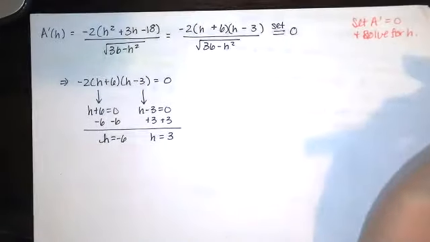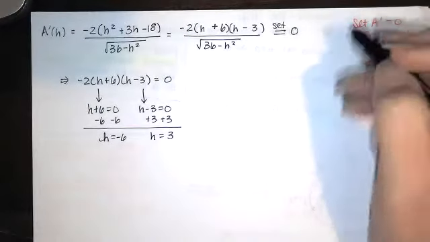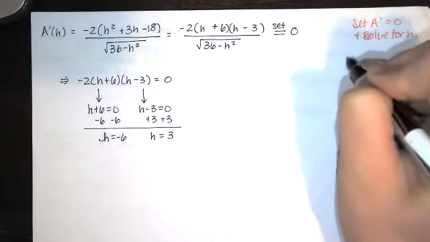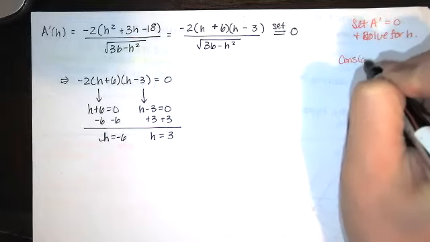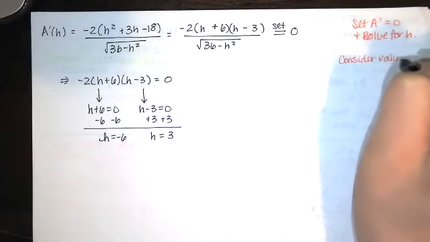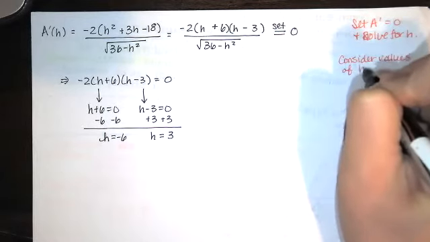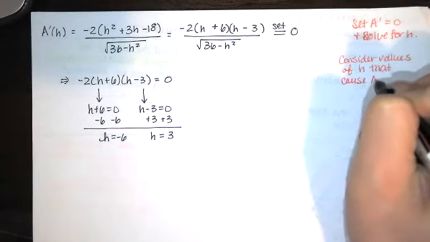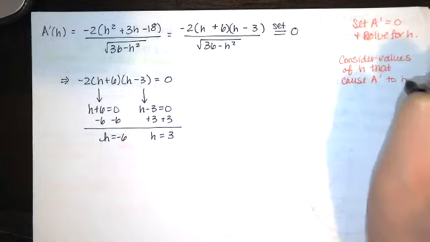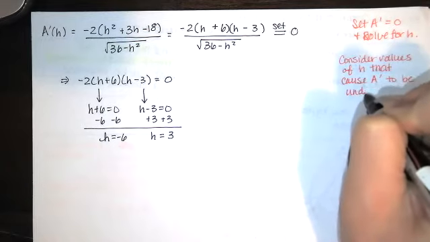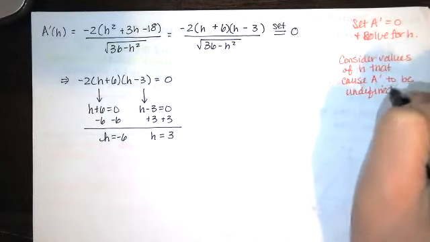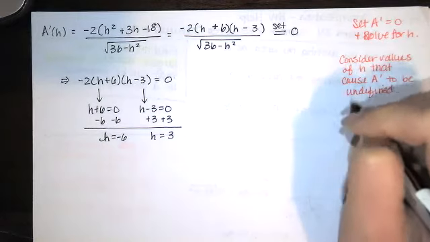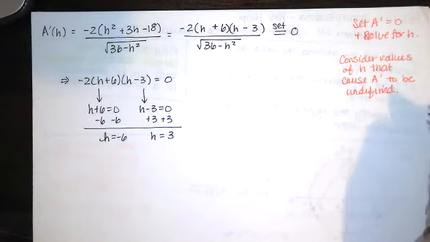So we set A prime equal to 0, we solve for H. If you want to consider values of H that cause A prime to be undefined, those are critical points as well. And we're only interested in values of H that are in the implied domain.